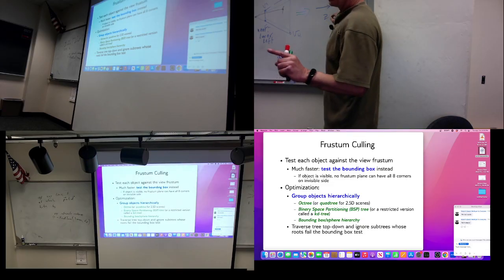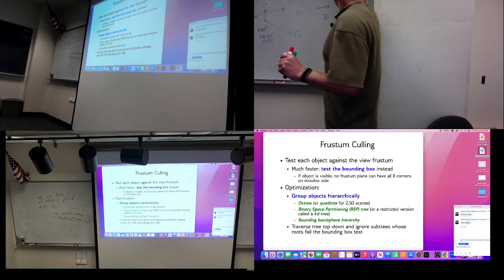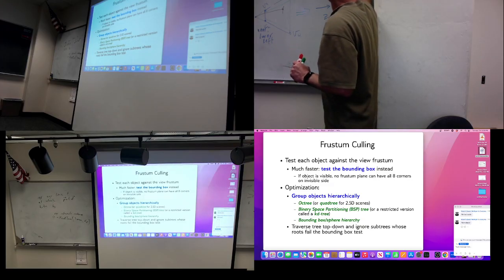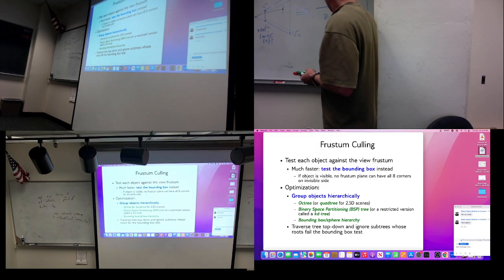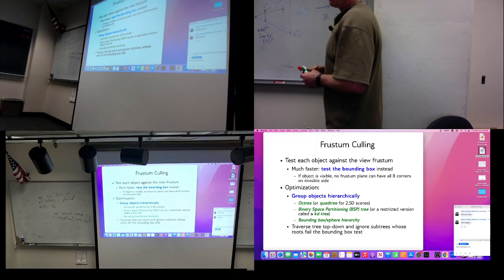Oh yeah, when I mentioned that it's a canonical frustum, it also means that these corners would be at ±1, ±1, ±1 for all the coordinates, in ways that make sense.